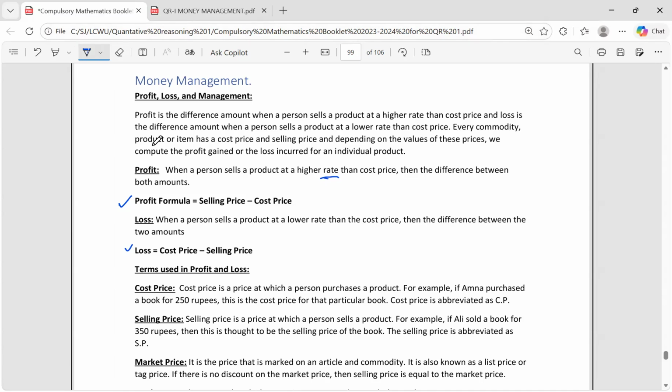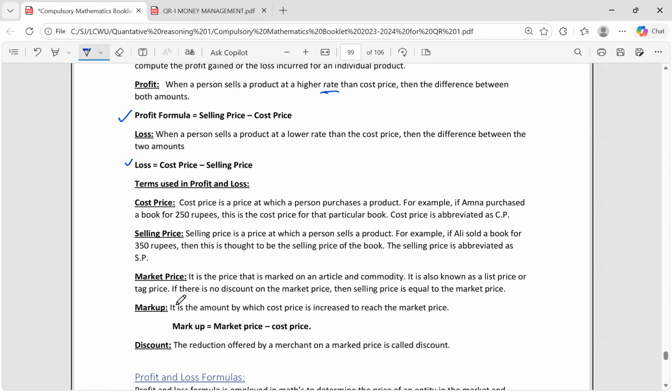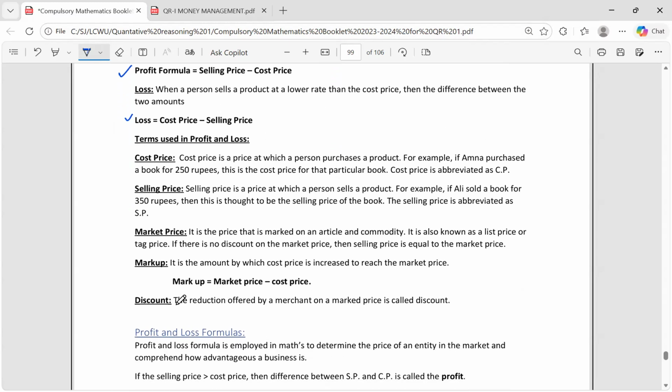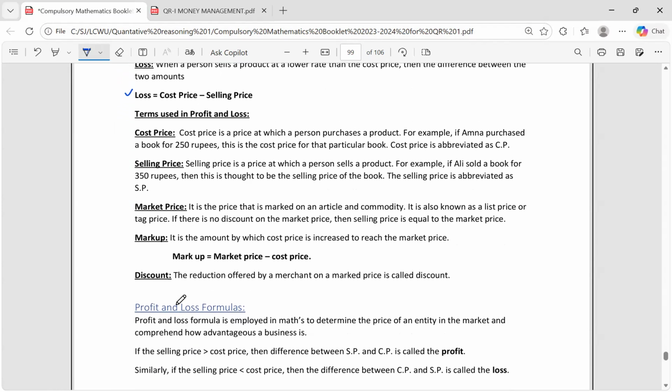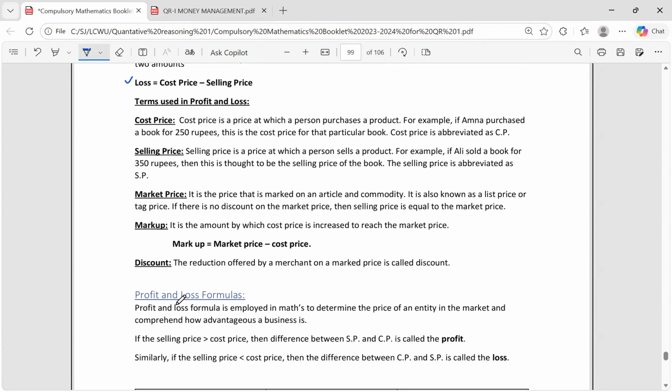So there are some terms which are used in money management. Cost price is the price at which a person purchases a product, while selling price is the price at which a person sells a product. Market price is the price that is marked on an article or commodity.